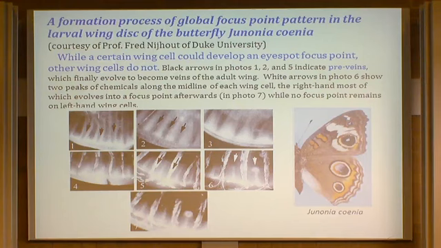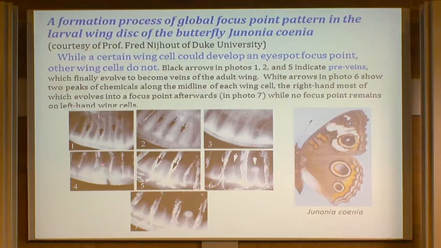This number shows the development of the eye spot. Here we couldn't see any eye spot formation process, but as time goes on, this one is probably a pre-vein. Finally, this becomes a vein. At the same time, from 4 to 5, something happened within the wing cell here.